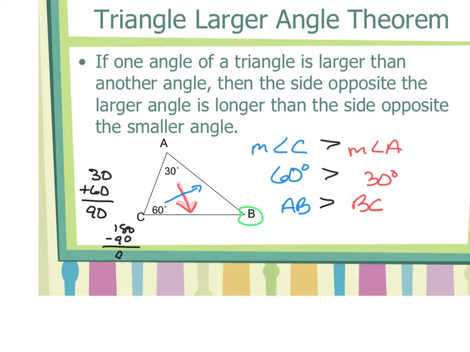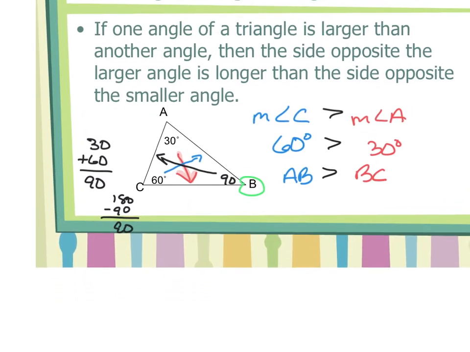And I know it doesn't look like a right angle, but angle B is a 90-degree angle. So if they ask you to find the biggest side out of the triangle, then you need to make sure you have all three angles. And the biggest side is actually side AC, because it's across from the biggest angle.